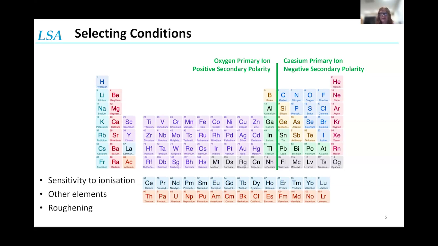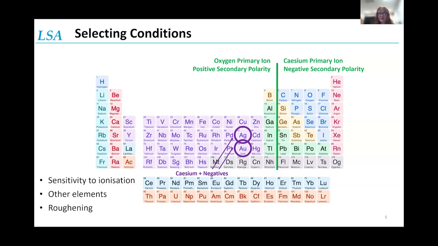So if there's aluminium in the sample and we use an oxygen beam, we get a lot more roughening, which can reduce the depth resolution as you go through interfaces. So it's something we have to consider as we start the analysis.